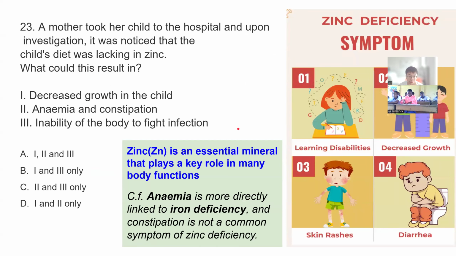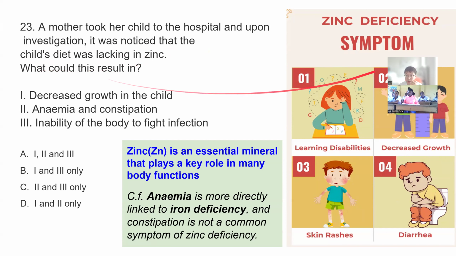So let's look at this next question. This is about zinc deficiency. A mother took her child to the hospital, and upon investigation, it was noticed that the child's diet was lacking in zinc. What could this result in?